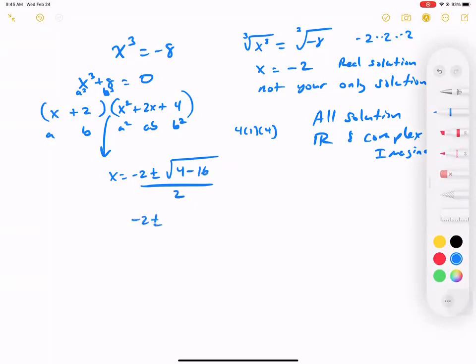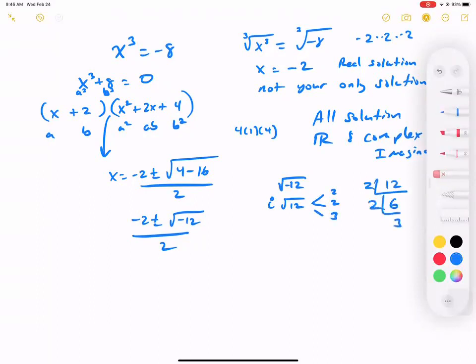Negative 2 plus and minus the square root of negative 12. Now, what's the square root of negative 12? First we know it's imaginary, and 12 is 2 times 2 times 3. Square roots take out pairs.